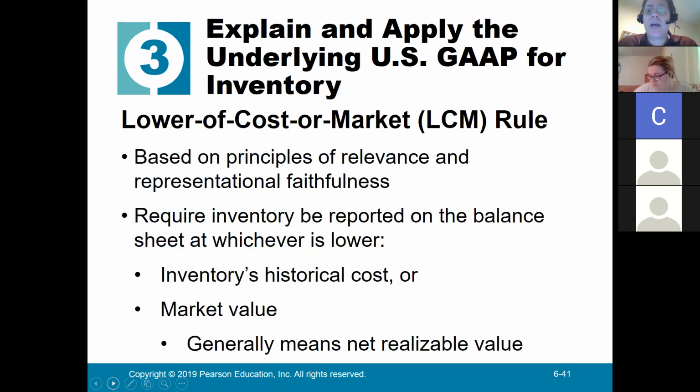This concept tends to give accounting students a little bit of a headache. And the reason why is we're dealing with inventory that we still own. Okay, so I want you to imagine that you have inventory that is being difficult to sell.